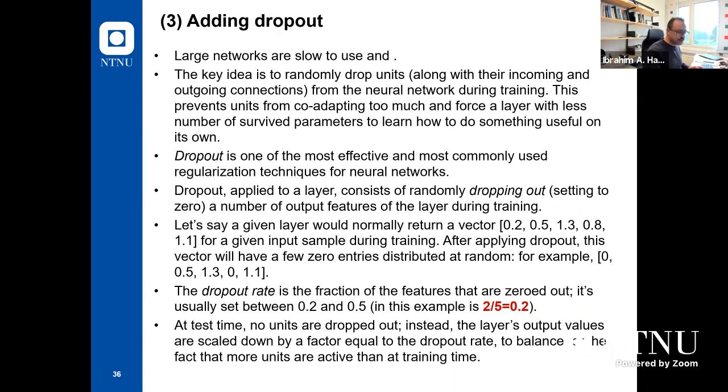Adding dropout also, as I mentioned, is simple. We need to have a dropout coefficient. It could be, for example, 0.5. When it's 0.5 for this layer, it means we drop out 50% of the nodes in the training phase, and each time it will be random.